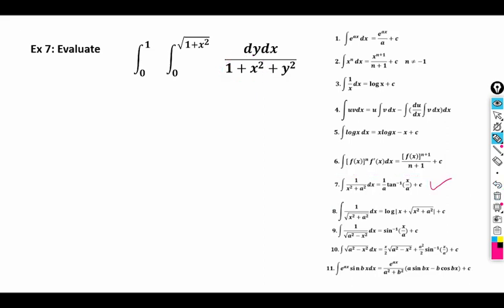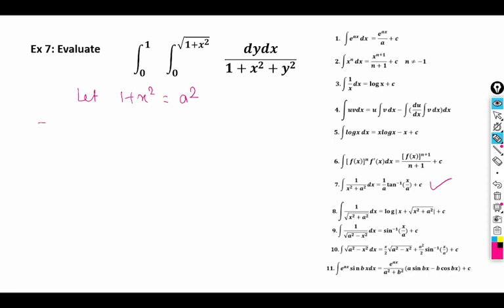So formula 7. As we integrate with y, remember x is a constant. So 1 plus x square is also a constant. You can take 1 plus x square as a square. So we are assuming 1 plus x square as a constant till we integrate for y only. After that, a is not a constant, a is a function of x.